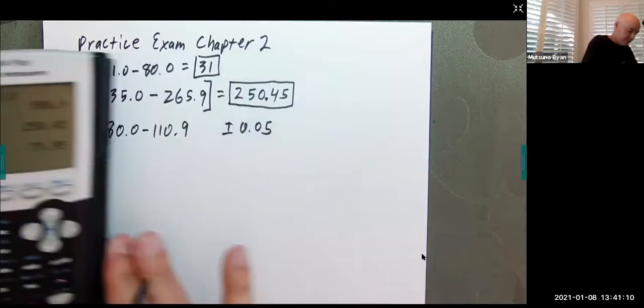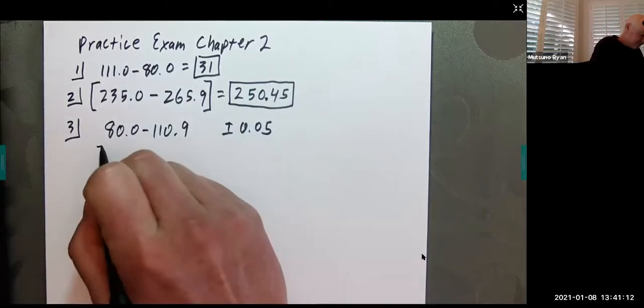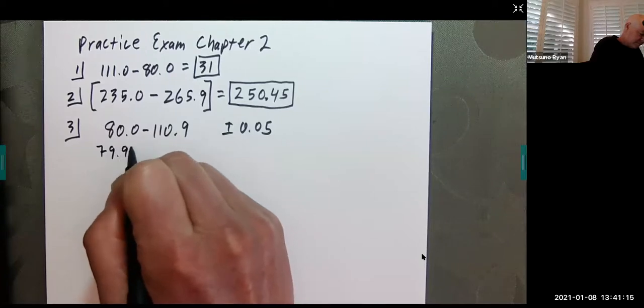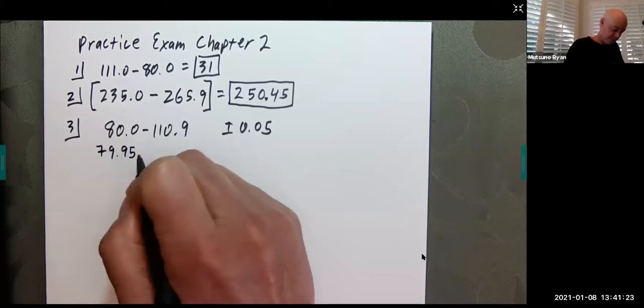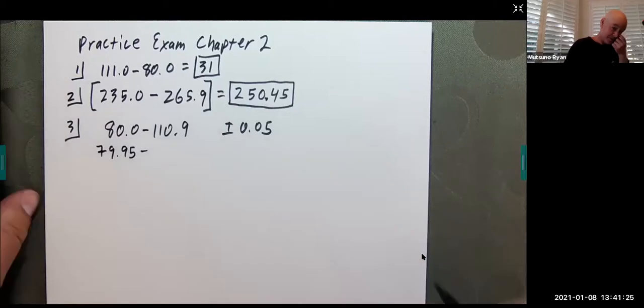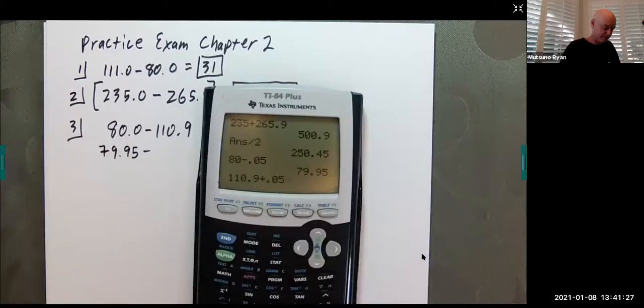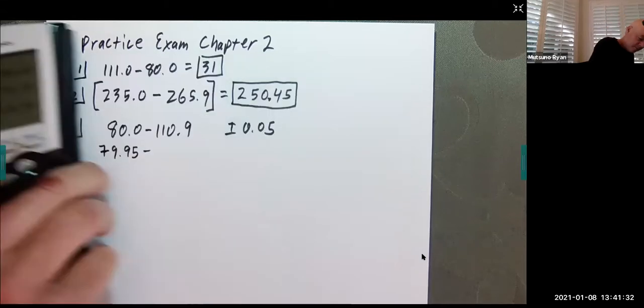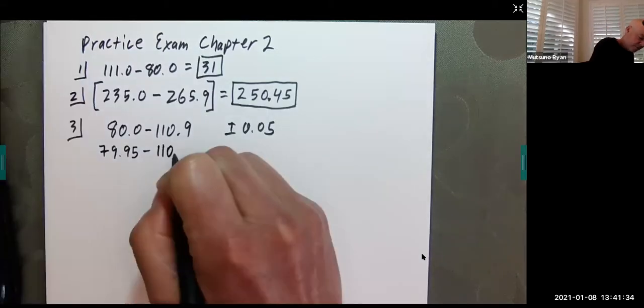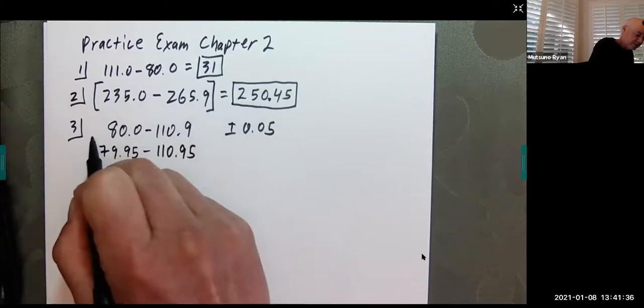That is going to be my lower class boundary. $110.9 plus 0.05 in this case. You always go one more decimal out. $110.95. So here are the class boundaries.